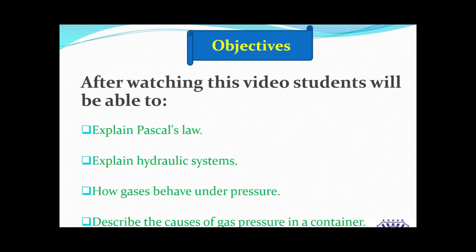We have different types of brake systems, such as the liquid brake, the oil brake. Then we moved on to gas pressure and how gas pressure increases or decreases in a closed container. This is the very short summary of our video.